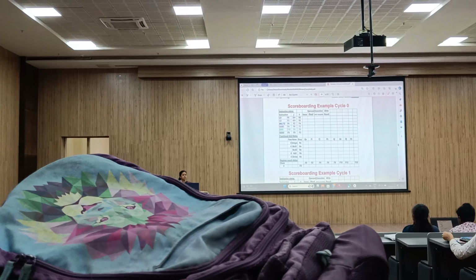If there is a load store instruction, it will use integer function unit to execute it. If there is an addition instruction, it will use adder function unit to execute. If there is a subtraction instruction, which function unit it will use? Adder. Adder only. Okay. If there is a multiplication instruction, which function unit it will use? Multiply.